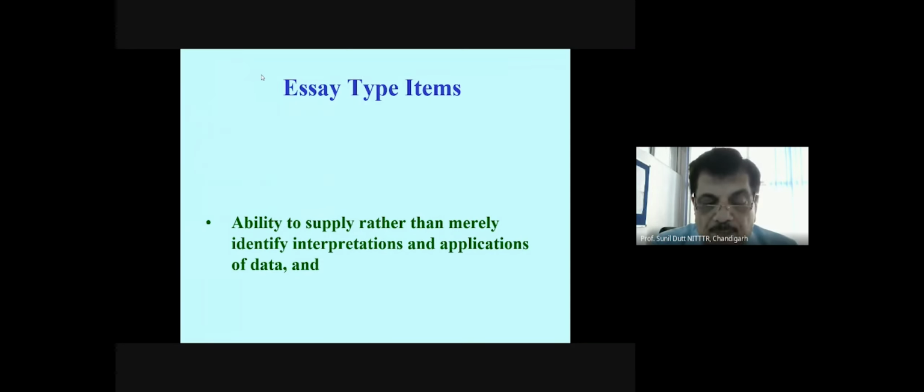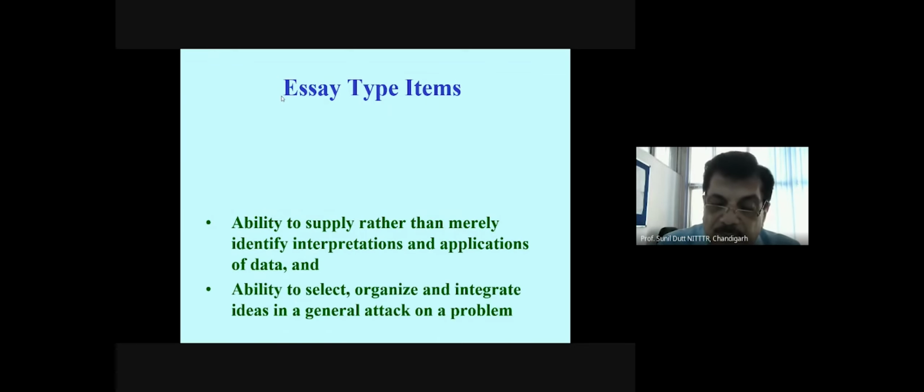These include the ability to supply rather than merely identify interpretations and applications of data, and secondly, the ability to select, organize, and integrate ideas in a original attack on a problem. So outcomes of the first type are measured by restricted response essay questions, and outcomes of the second type are measured by extended response essay questions.